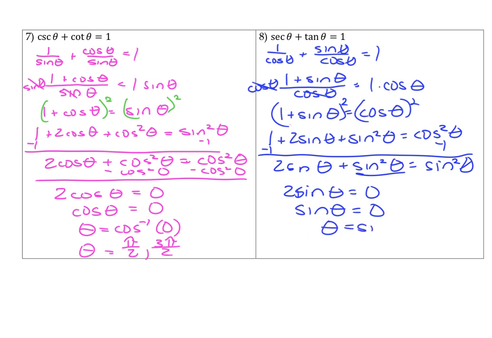Inverse both sides, so arcsine of 0. And now the y is 0, sine of 0, so that's the y. That's on the x-axis of the unit circle, so that's over at 0 and over at pi.